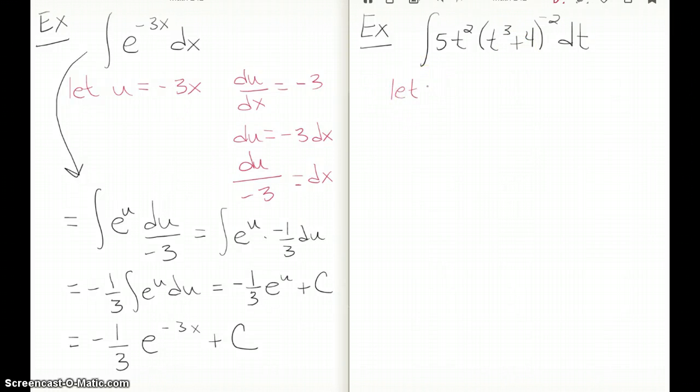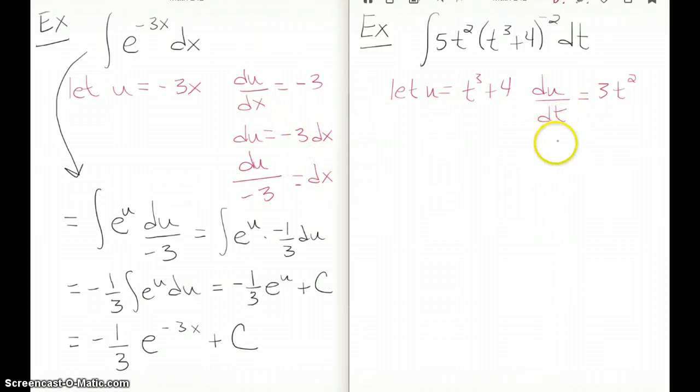So let's let u equal t to the third plus 4. Then remember we have to figure out how to replace that dt, sometimes dx, with du. So du dt is the derivative of our choice of u here, which is 3t squared. This is the point at which, remember, I told you that you have an option.